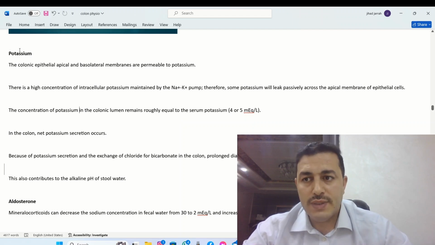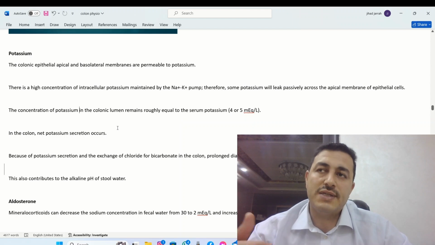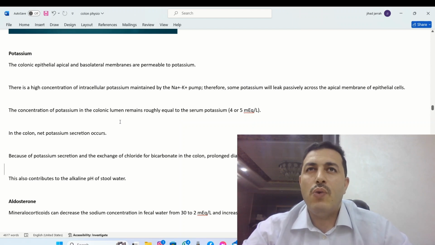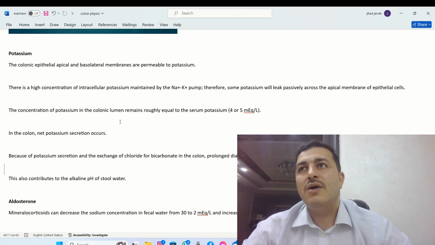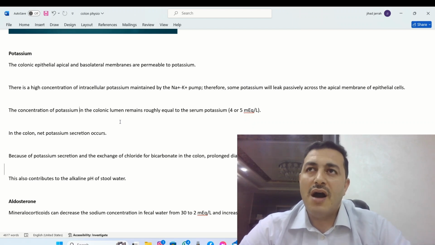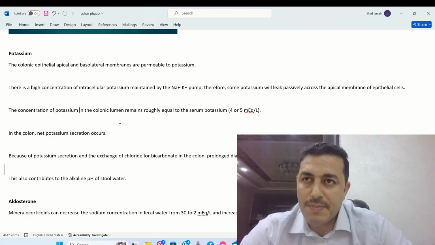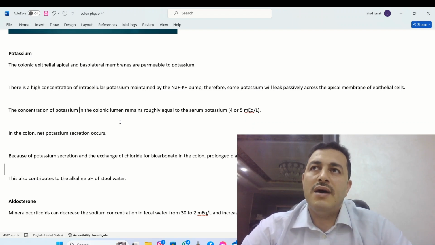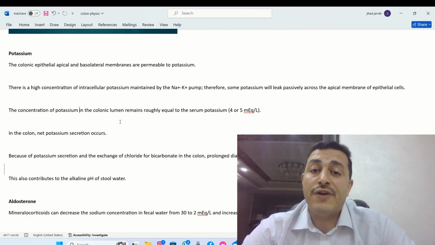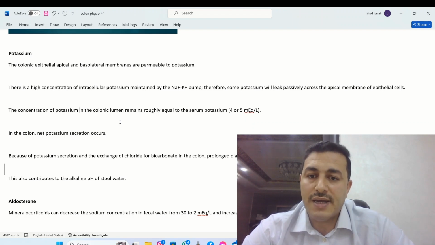actually not only potassium, but also bicarb is excreted, and bicarb may explain why the stool pH is slightly alkaline. And we said that one of the roles of the bicarb that is excreted by the epithelium to the lumen is to neutralize the acidic environment from the colonic bacteria.